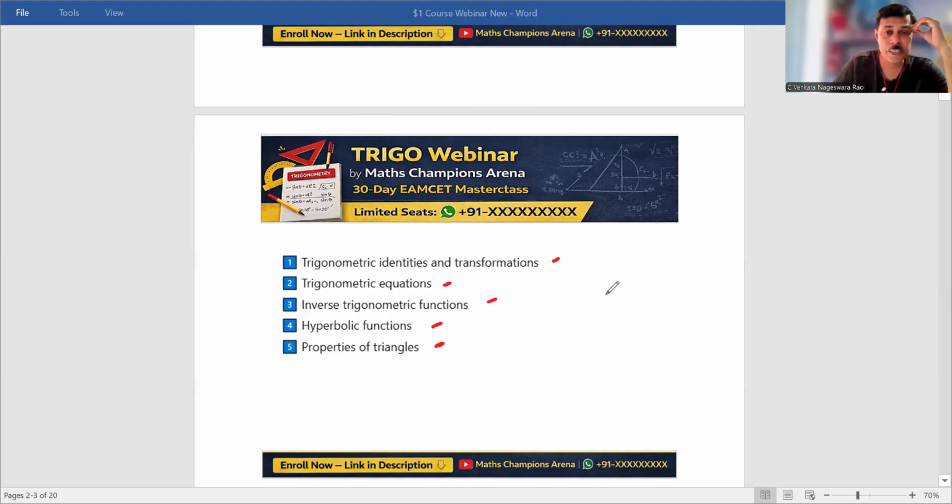This is the syllabus taken from the website of AP EAPCET. Mostly the syllabus remains the same. This is the trigonometry part for 2026.